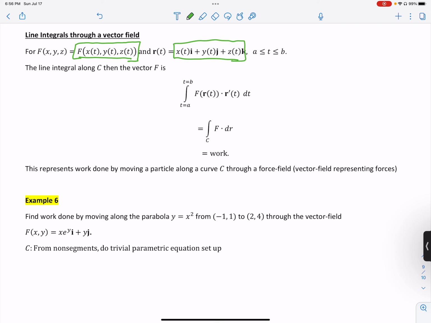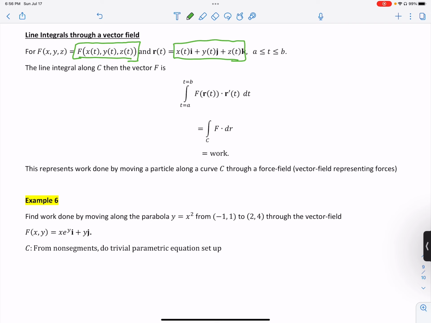Remember, the vector fields were like coordinate planes with all the arrows pushing you in different directions. So the idea is, if I'm walking on a path or a particle's moving through a path in space in a vector field, it's like a bunch of wind, a force field. You can think meteorology with this. Things are pushing you around in this vector field.